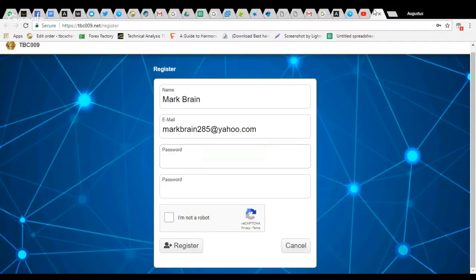I think it's loading now. Wait for the captcha to finish loading.